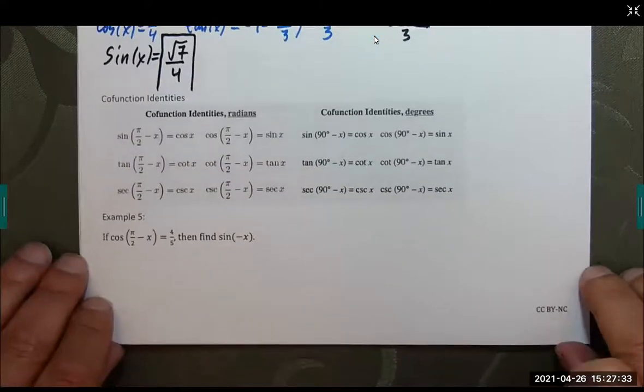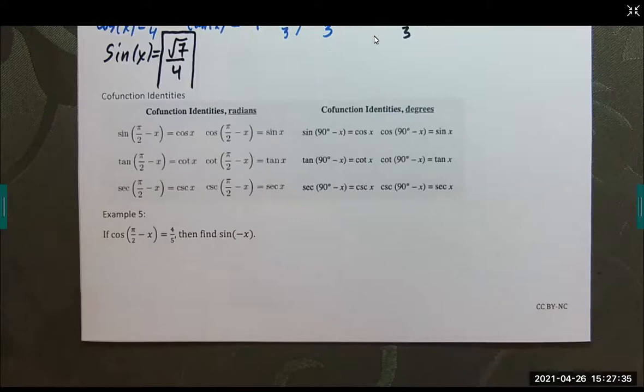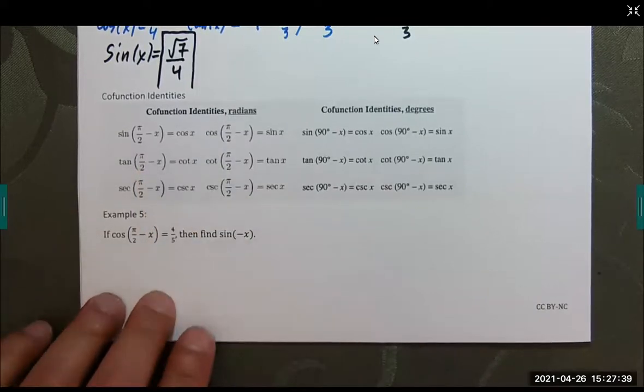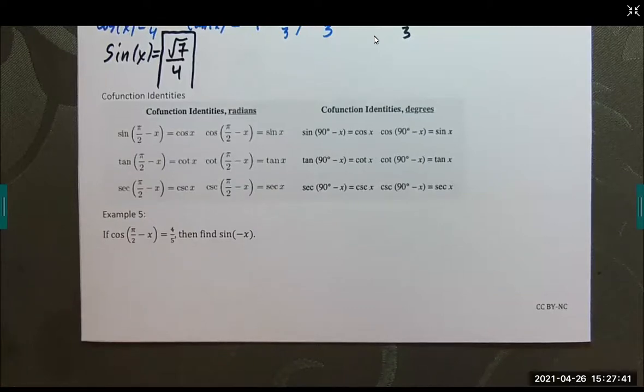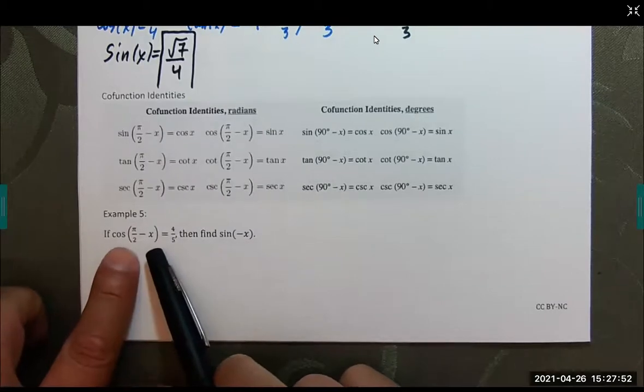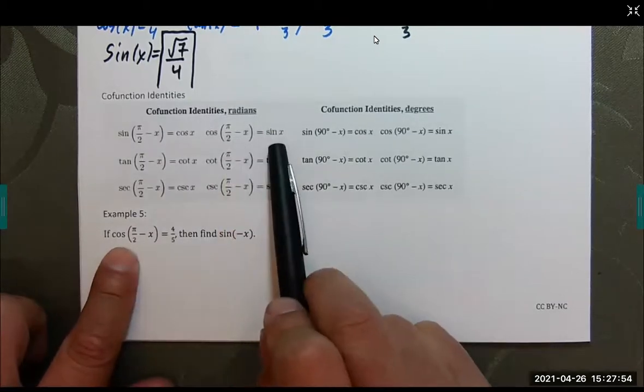Here's our cofunction identity. As I've mentioned before, each of the cofunctions are just 90 degree phase shifts of one another. And we explored that a little when we were doing the graphing in the graphing videos. So I'm going to notice cosine of pi over 2 minus x is sine of x.